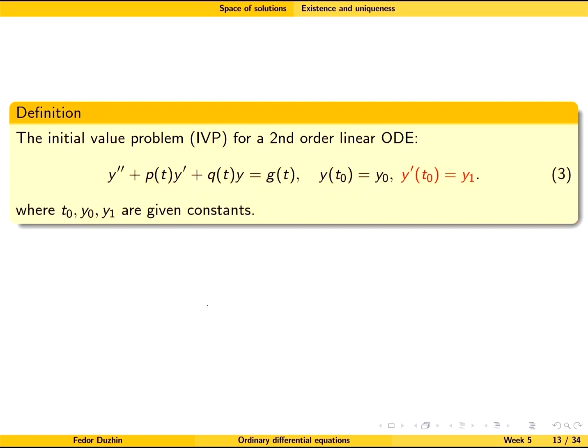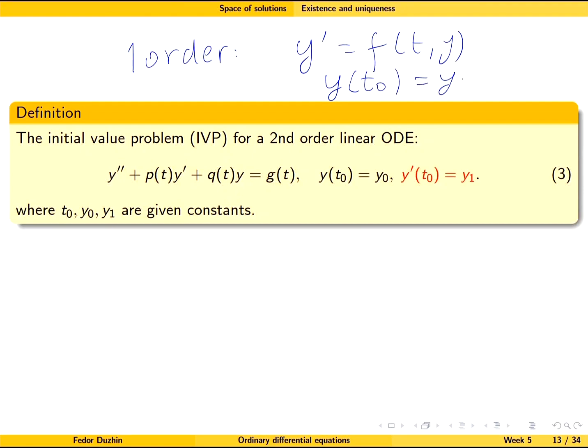Now let's look at the initial value problem for a second order linear differential equation. Note that the initial value problem for a first order equation is different. For a first order differential equation, suppose nonlinear, the initial value problem specifies the initial condition as the value of the unknown function at some point.